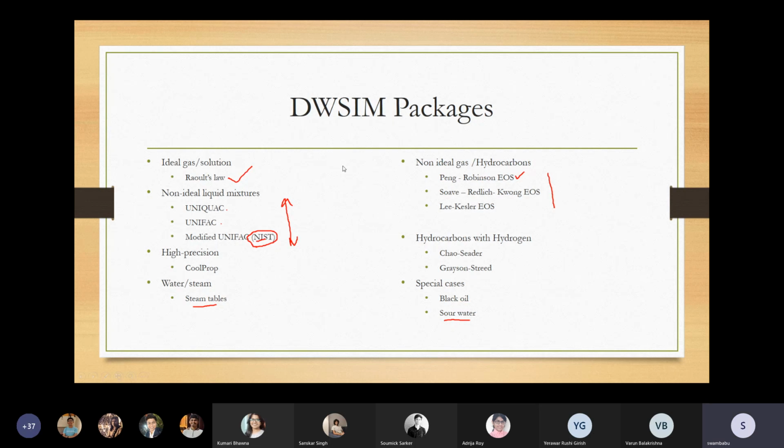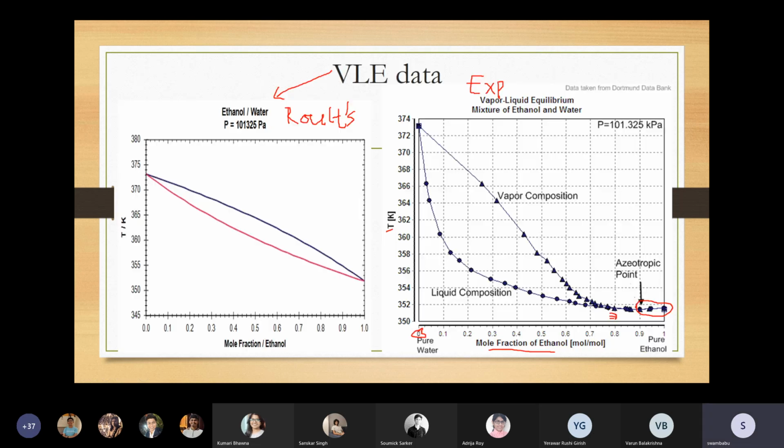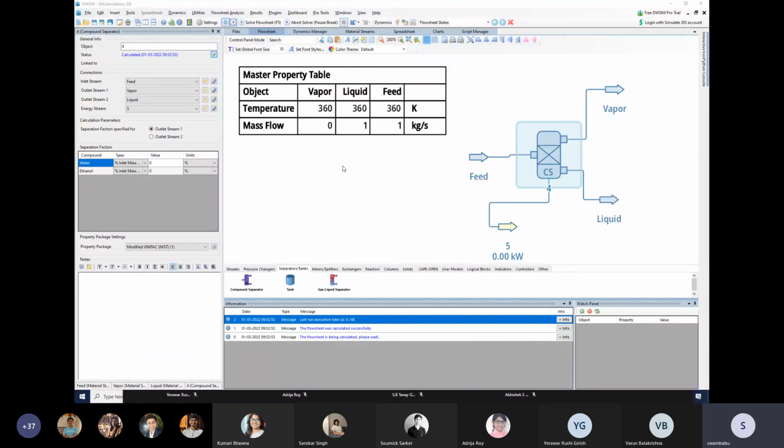So mainly I've explained property packages, vapor liquid equilibrium data, equations of state, how to choose the equation of state, and the need for selecting the right property package. That I have discussed in today's class. And why the flash separator is not predicting very well, I will tell you in the next class.